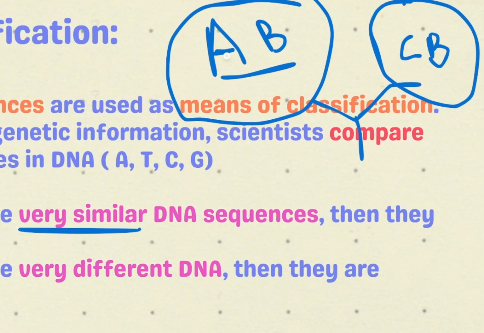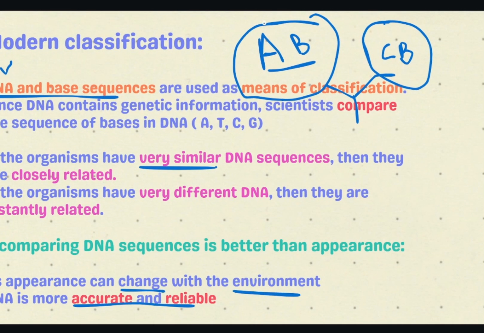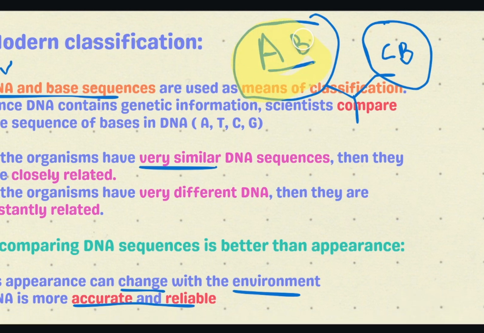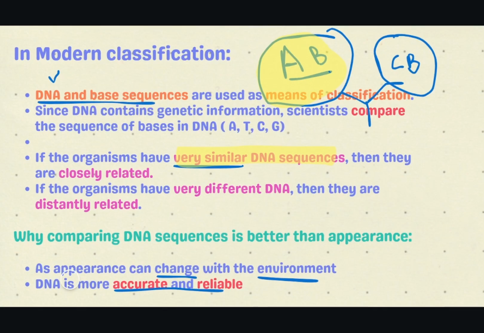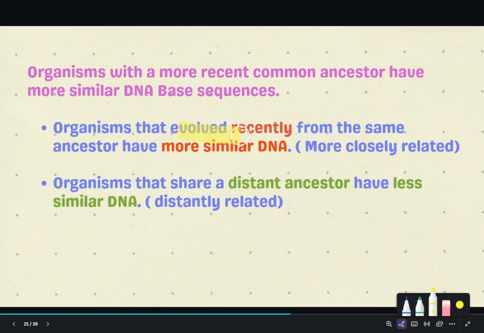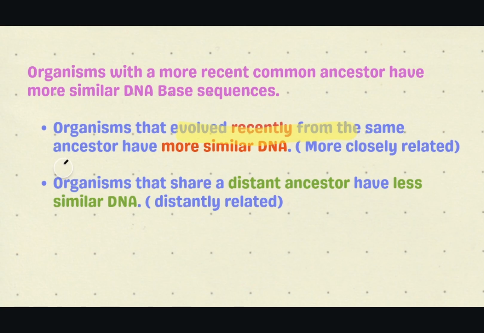Now because A and B are in the same group, they have been grouped together. That means they have very similar DNA sequences. And if they have very similar DNA base sequences, then that means that they have evolved recently from the same ancestor.